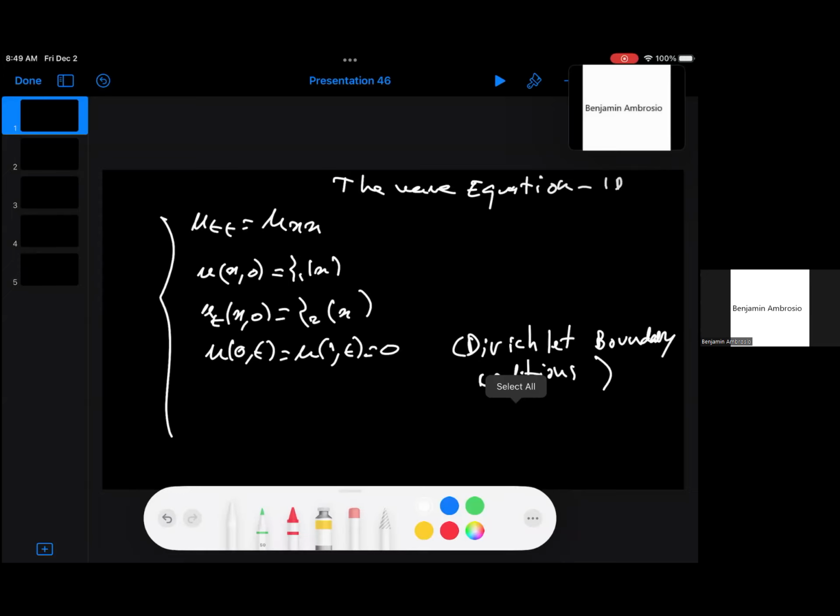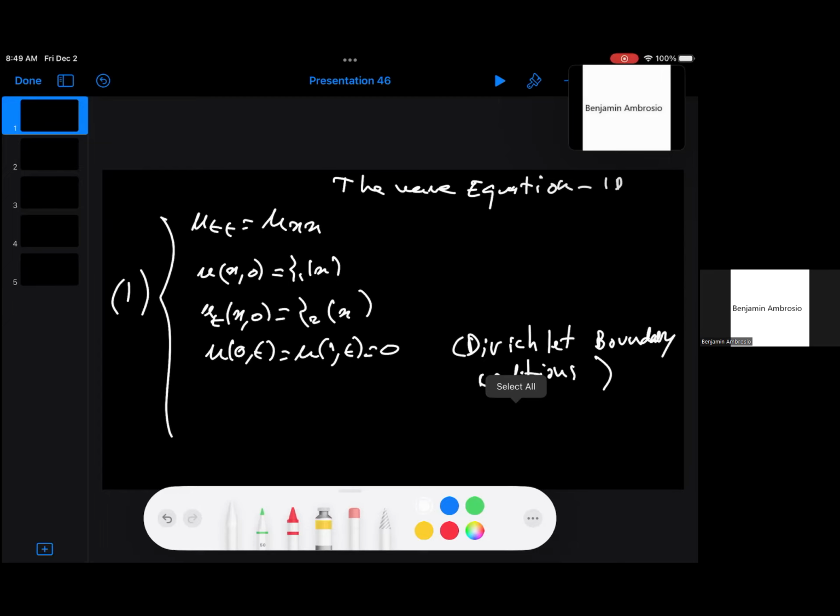All right, so the first thing to do is to transform this equation 1 into a first order equation with respect to the time.